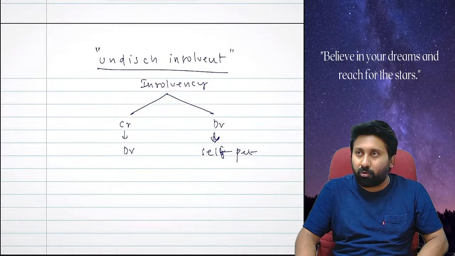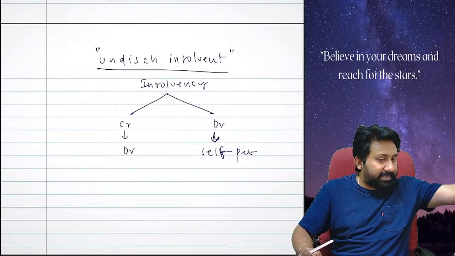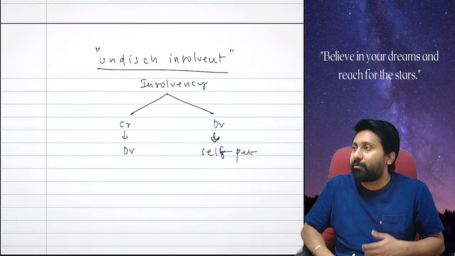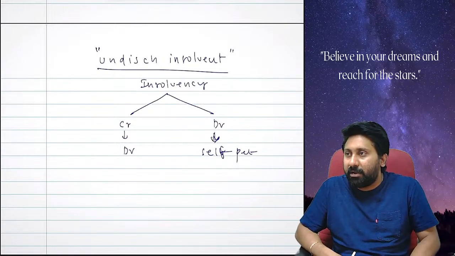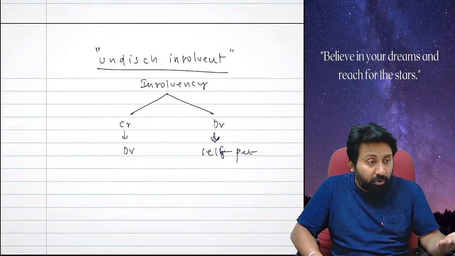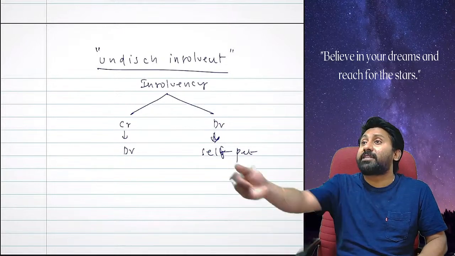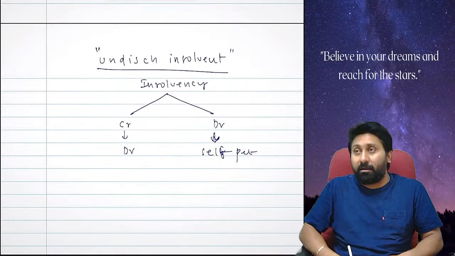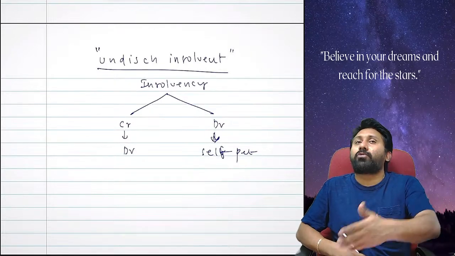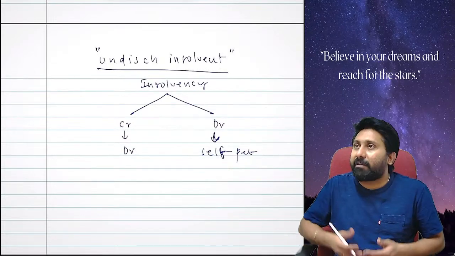He will tell the court, this fellow has taken a loan from me, but he is not repaying even after the due date. I kept on reminding him about the payment, but he is not responding. I have given him a notice. He ignored the notice. Please take some legal action to sell his properties and get back my amount. Like this, we will put an urge to the court, asking it to take action against the person to recover my dues.